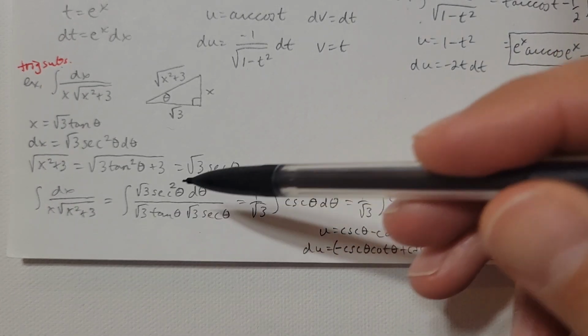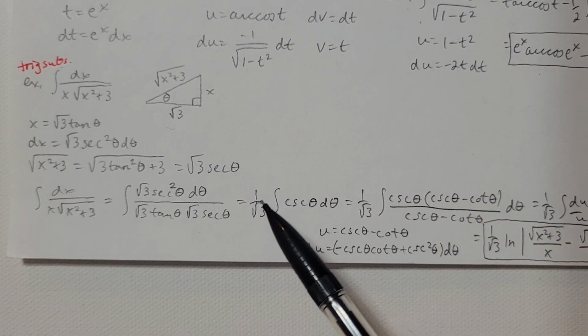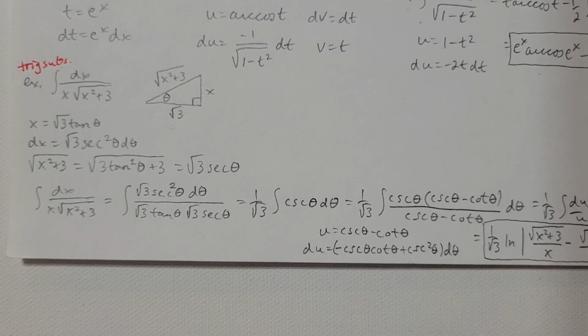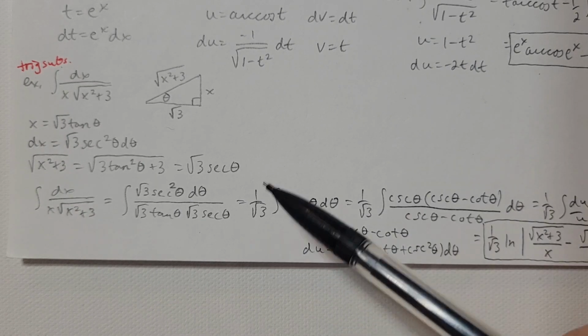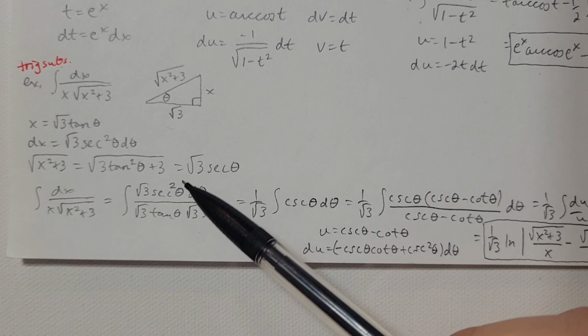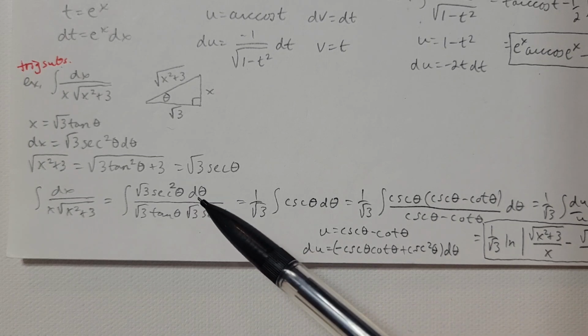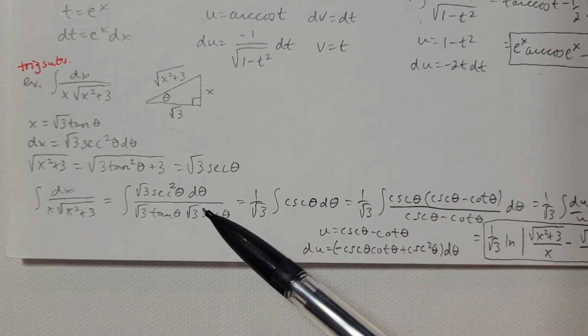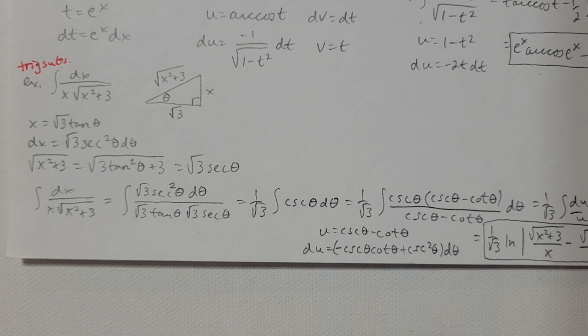The root 3's will cancel, and that 1 over root 3 will come out of the new integral. So the next thing, if I divide secant squared theta by secant theta, that's secant theta. So I got secant theta divided by tangent theta.